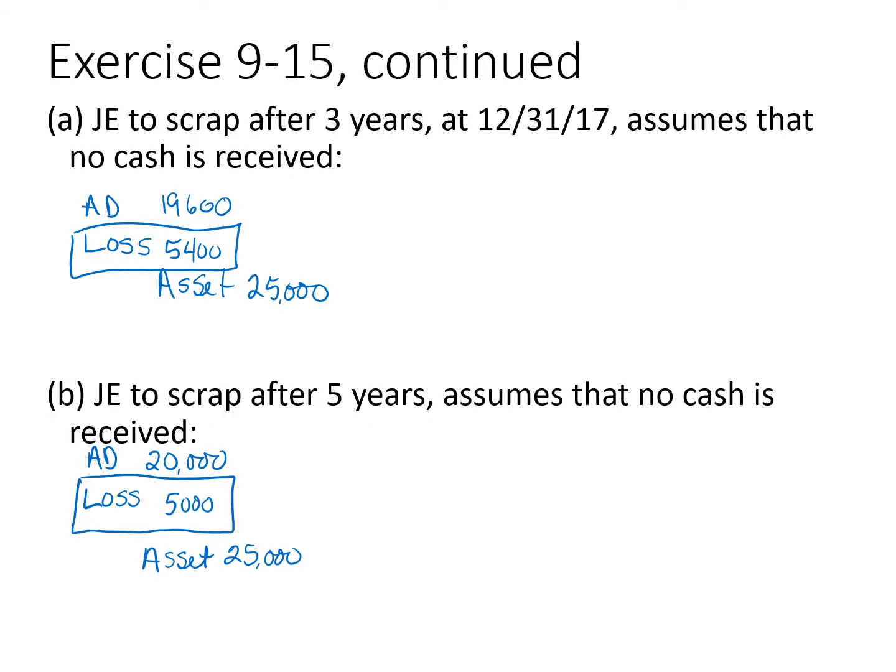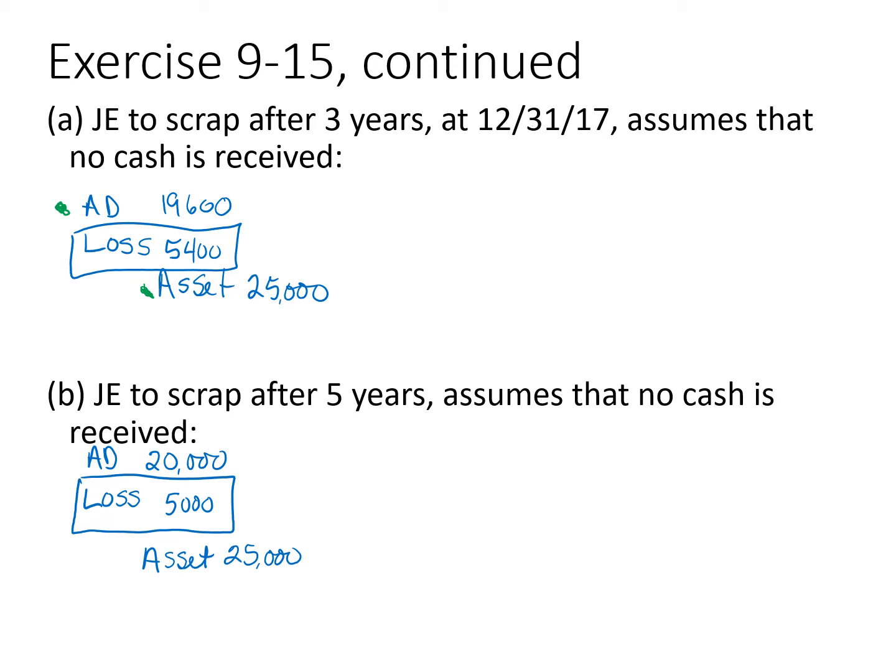So the first thing we do is we're going to scrap it after 3 years, which assumes that no cash is received. So we said the accumulated depreciation after 3 years would have a balance of $19,600 using double declining balance, and you'll credit asset for its cost, and because you received nothing in exchange, instead you gave it to the garbage man, you're going to have a loss for the difference.